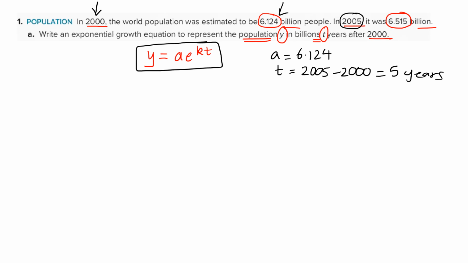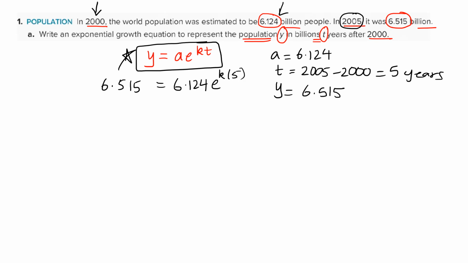It was 6.515. So I'm going to use that information, plug in my formula. Again, you have to learn this formula, it's important, and put y as 6.515. So 6.515 in place of y. A is 6.124. E will be as it is. K I don't know yet, but the time I have calculated to be 5.